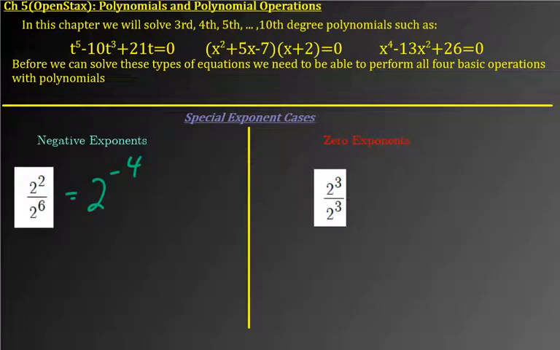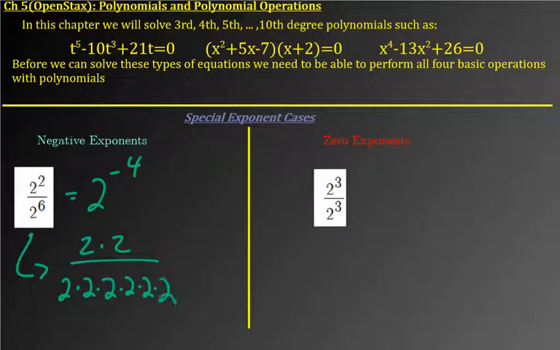Really what the negative does is just tell you the side of the fraction it's in, in a sense. So if we expand things here, we have 2 times 2 on top, and then we have 6 2's on the bottom. I think that's 6 2's, yeah. And then you can cancel some of those. And if you look at what you got, you have 4 2's left over here and a 1 up here. So when we see a negative exponent, it just means flip the side of the fraction where the thing is.